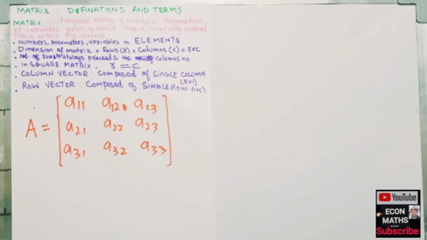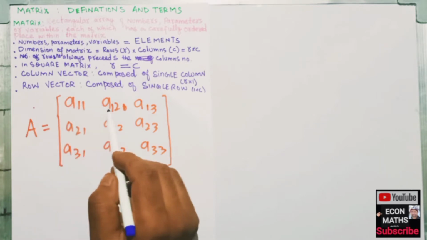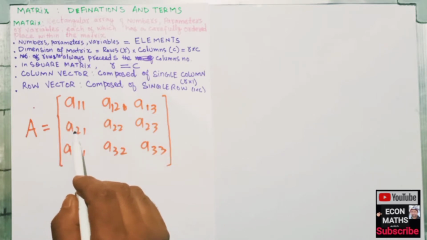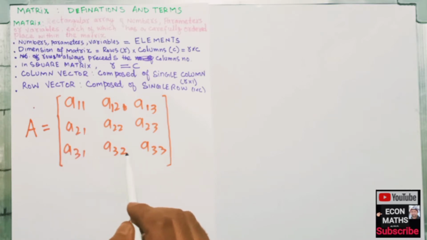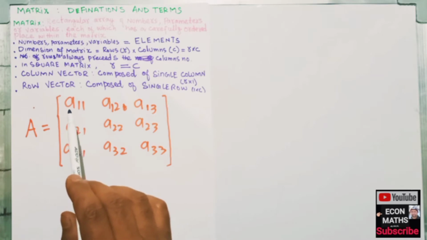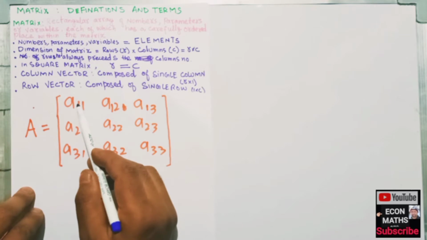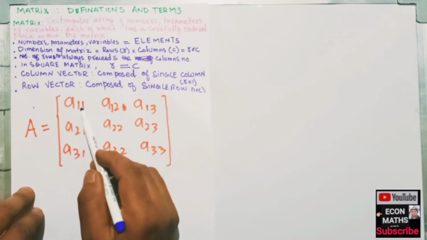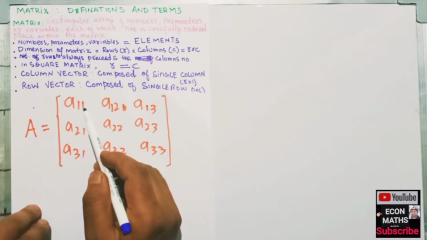Now if I have a general matrix, that is A is equal to A11, A12, A13, similarly A21, A22, A23 and A31, A32, A33. Now this double subscript to an element here gives us the address or placement of the element within the matrix.